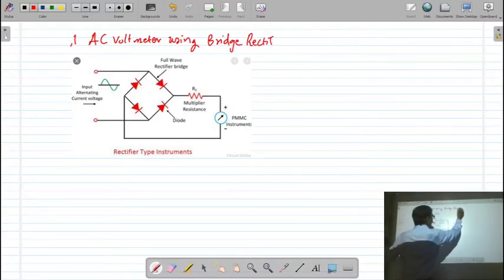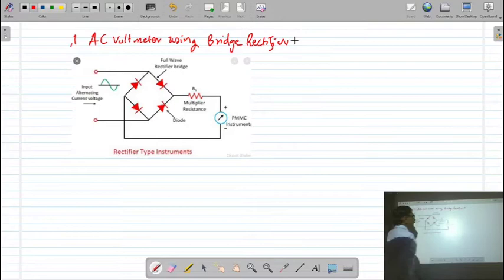So here we have our galvanometer. In series with the galvanometer, the multiplier resistance is there, and then the rectifier circuit is there. And whatever voltage we are going to measure, it is applied between these two terminals of the rectifier.